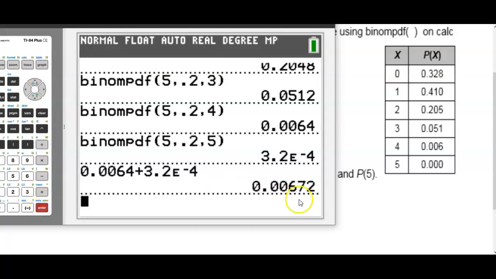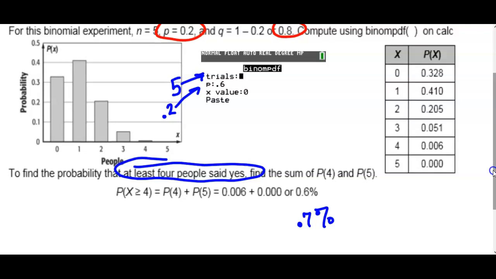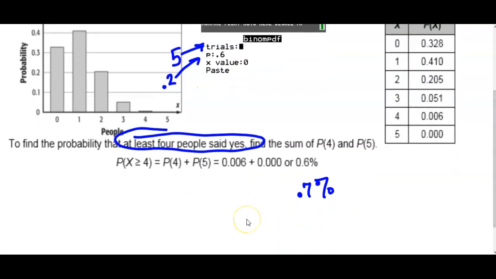And if you actually don't round the decimal, you get 0.0067. So this turns out to be closer to 0.7%. It's less than a 1% chance that if you ask 5 people at random, 4 or more would say, oh yeah, we all went to the doctor in the last 6 months.